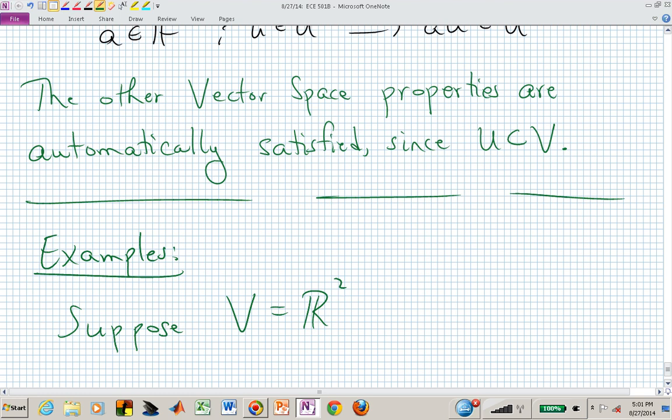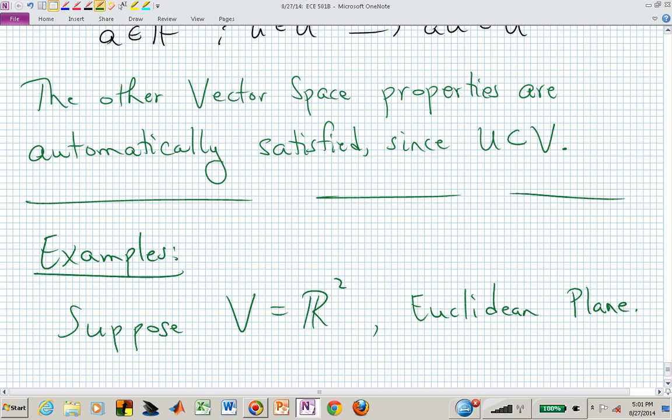Suppose our vector space is R2. That's your desktop, the Euclidean plane, with X and Y, let's say.